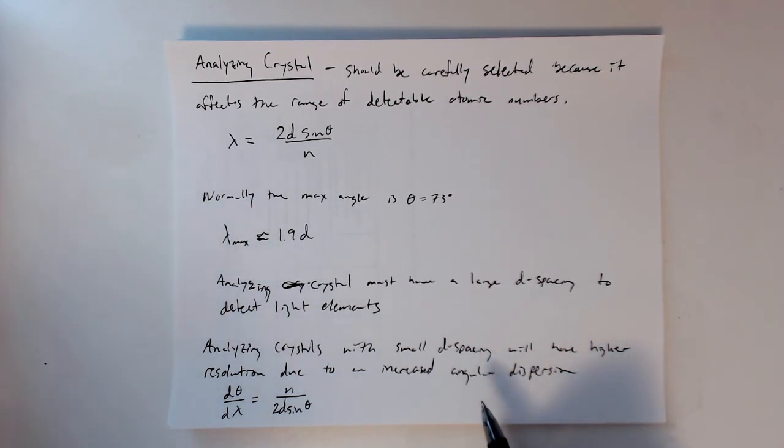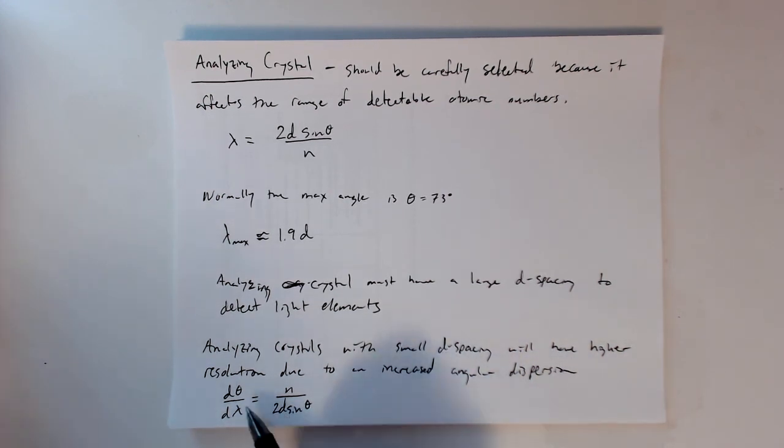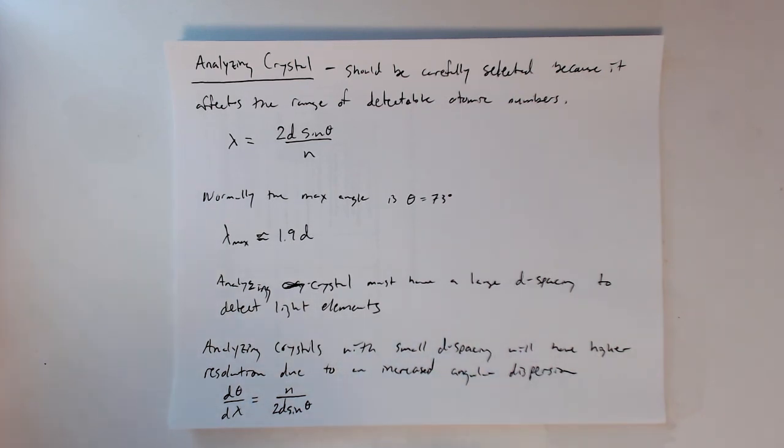So basically the smaller the d value is, the larger this dispersion is. That means things won't be as close together and we can resolve them better. That's what we mean by this increased angular dispersion, illustrated by this equation here.